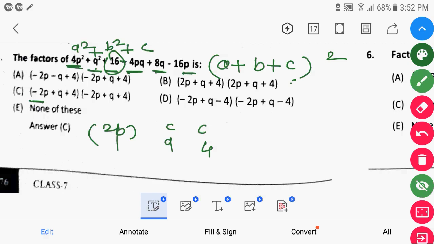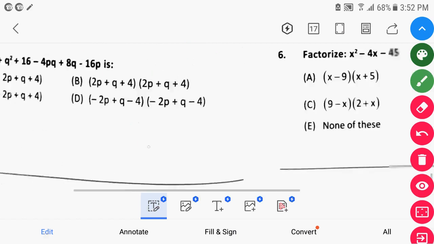Because minus 4pq is there, means the value of 2ab is negative. Okay, that's why this 2p is negative. Why not q negative? Because the value of ac is also negative. That's why we say that p is negative here. Okay, so answer is answer C.